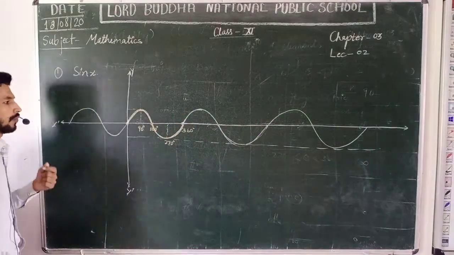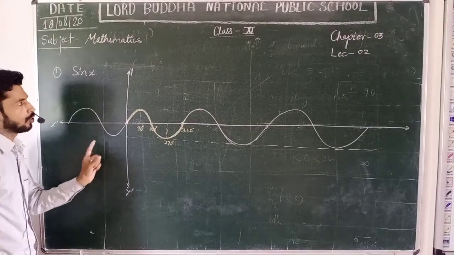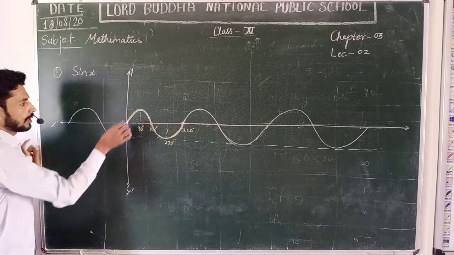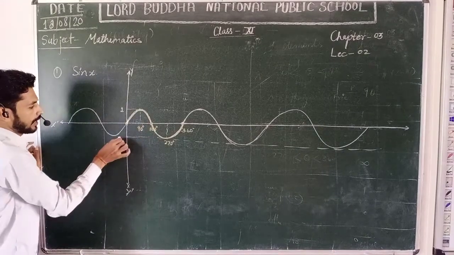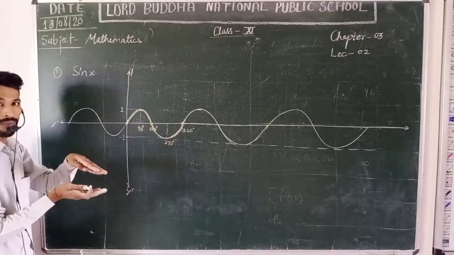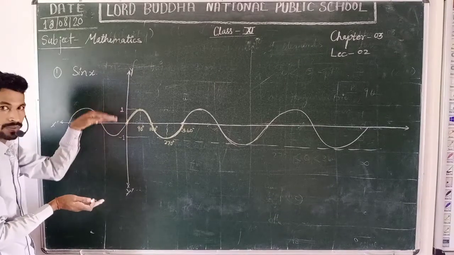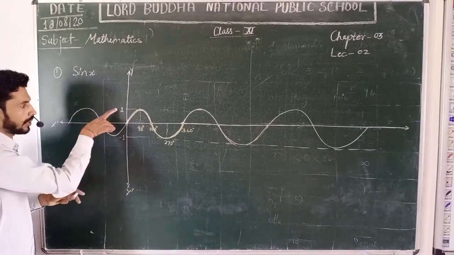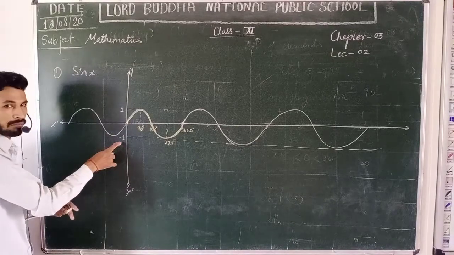In this case, the value of sin 90 equals 1 and here minus 1. So the value of the sine function will vary from 1 to minus 1, because the maximum value of sine is 1 and the minimum value of sine is minus 1.